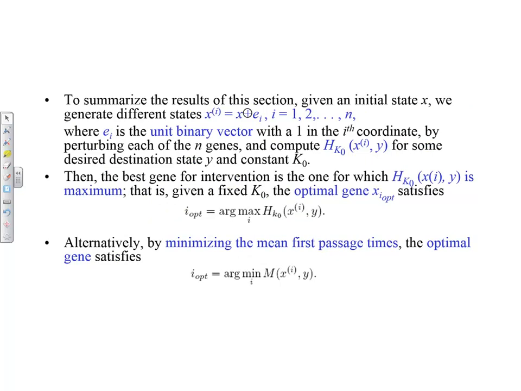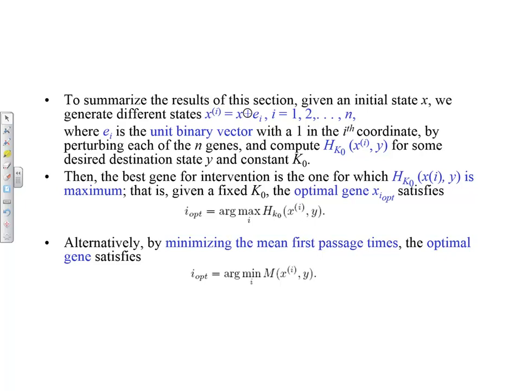To summarize the results of this section: given an initial state, we generate different states by perturbing one of the genes. This is the 2's complement sum with a basis vector, the ith basis vector, where e_i is the unit binary vector with a 1 in the ith coordinate, by perturbing each of the n genes. Then you compute this quantity h_k0(x_i), the probability from the new origin to the destination within some constant k0 steps.